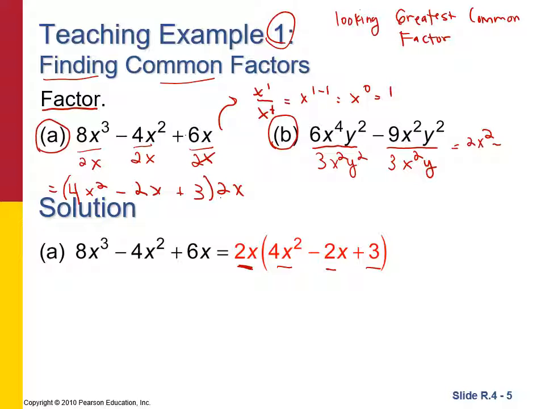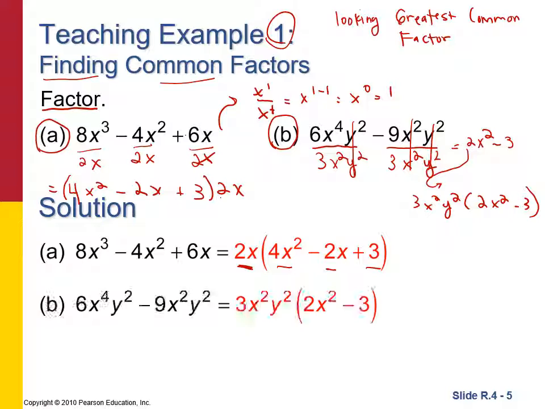And this is minus 9 divided by 3 is 3, and x squared and y squared cancel out. And so this is actually 3x squared y squared times 2x squared minus 3. And that's what they have here.